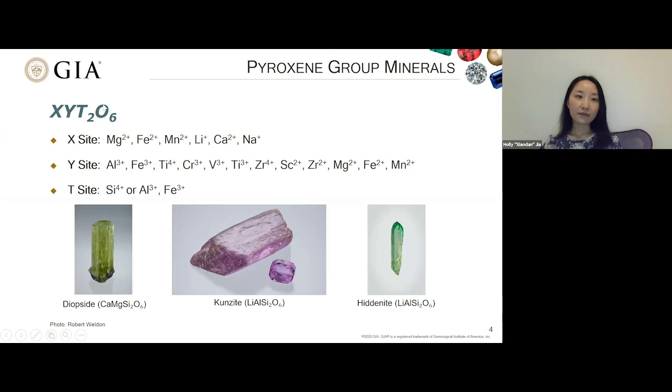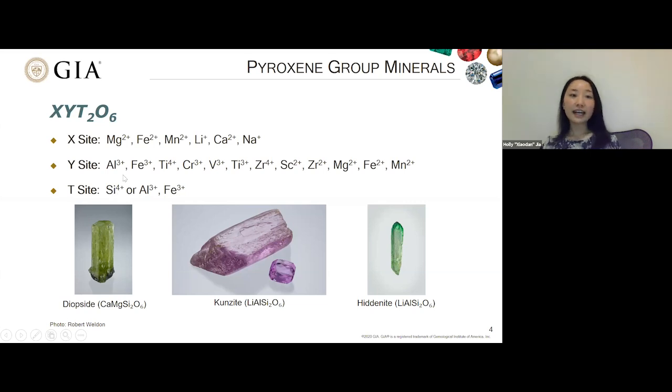So here we have the general chemical formula of pyroxene, and the letter T here represents the T site, the tetrahedral site in the crystal structure that is usually occupied by silica. The common structure of these pyroxene group minerals consists of single chains of silica tetrahedra.